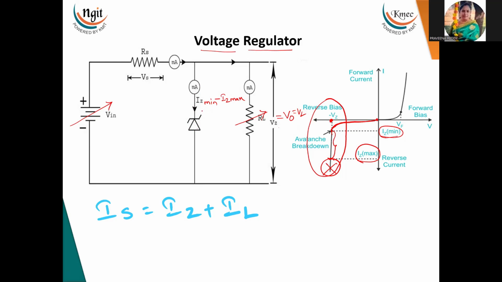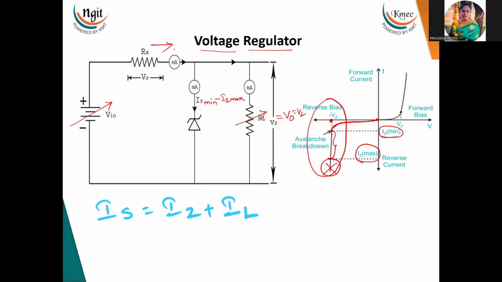So to get this, now this is the supply. We connected one series resistor. We need to calculate the RS resistor such that the current flowing through the Zener should be within this range.